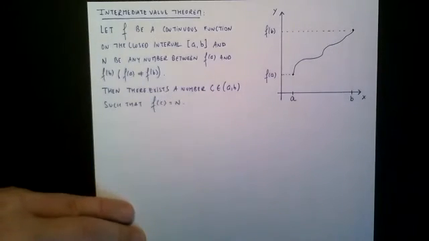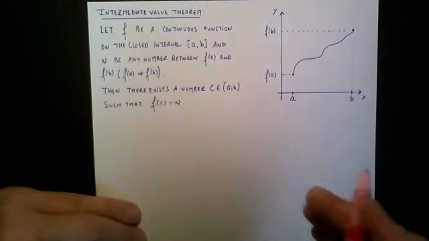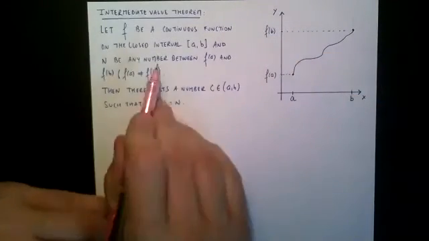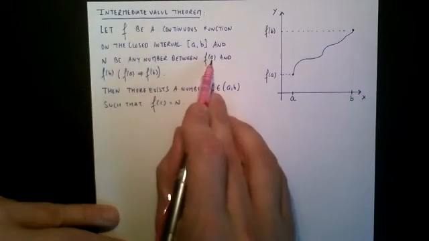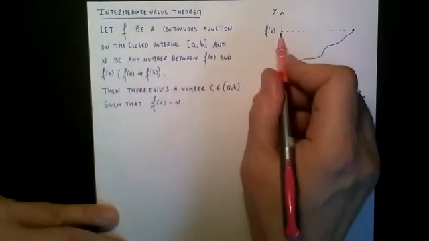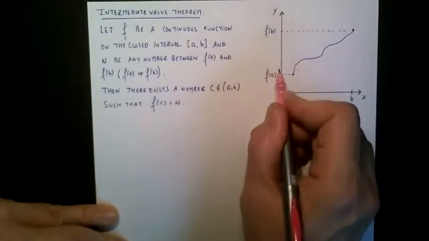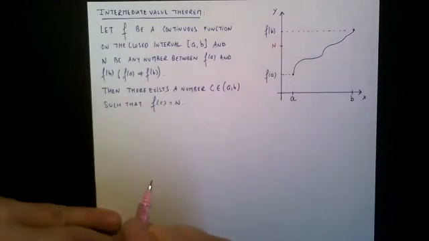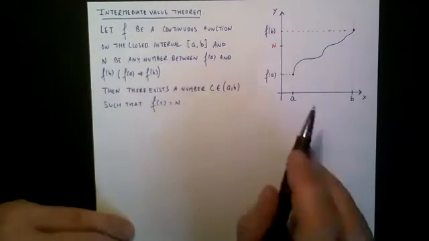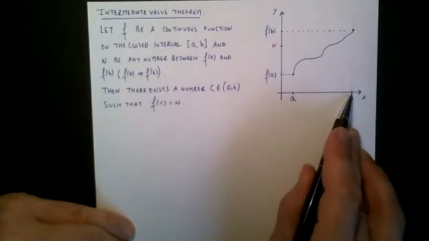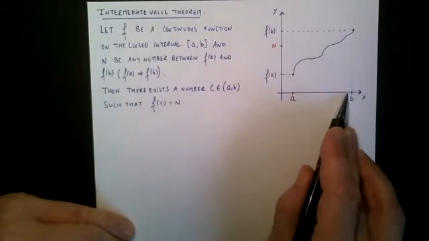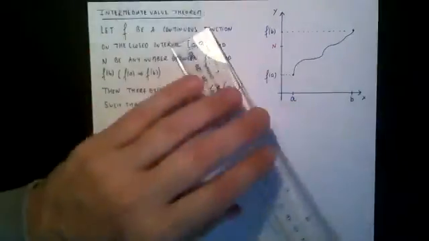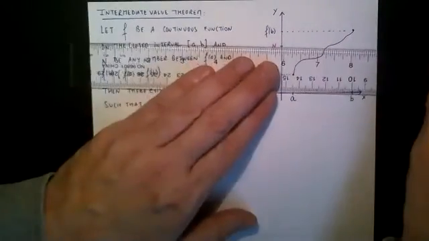What does the theorem tell me? What does it tell me? It's that if I take any value, any number between f of A and f of B, so any number here, okay, then for sure there is a number in AB, so inside the interval here, so a number C, for which f of C is equal to n.